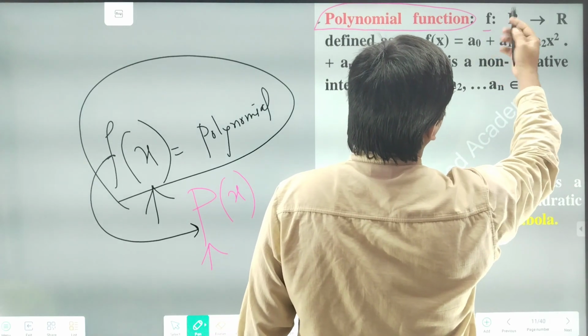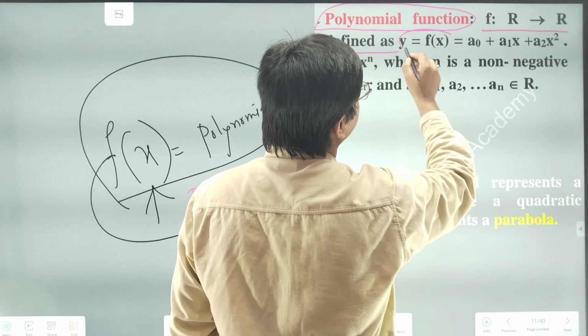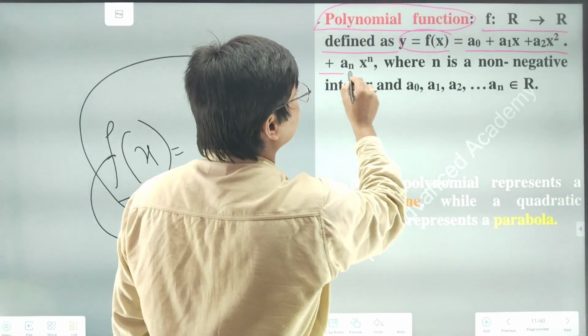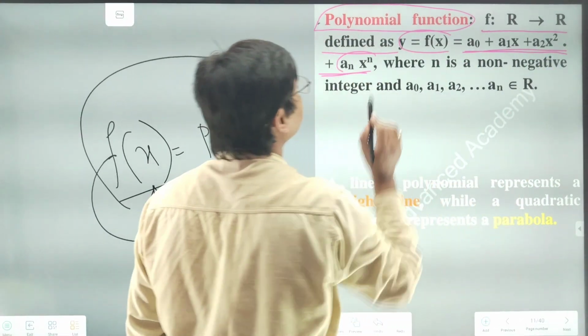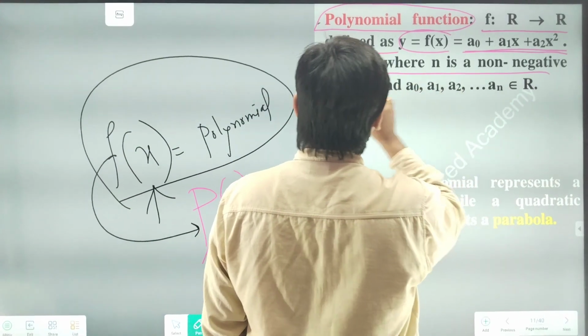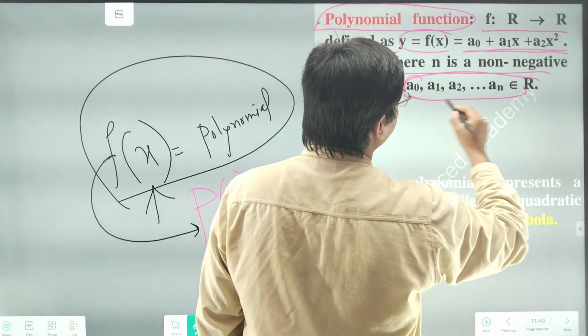A function f from R to R defined as y equal f of x equal to a naught plus a1x plus a2x square up to a_n x to the power n. You see, this is just a polynomial of x, where n is a non-negative integer and a naught, a1, a2, up to an are real numbers.